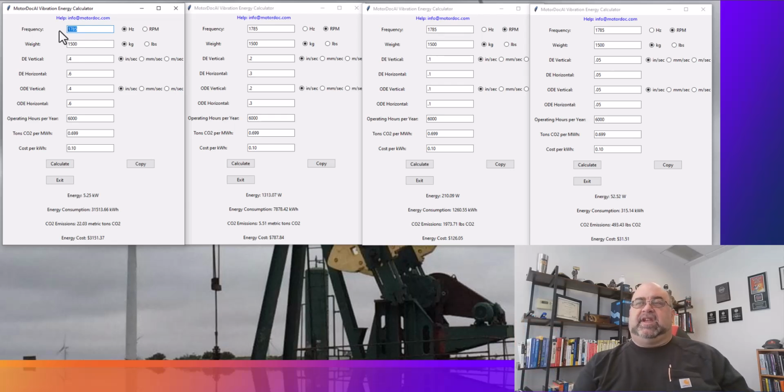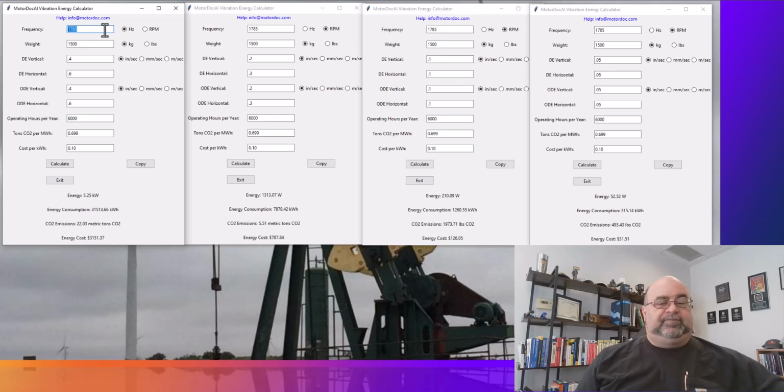So let's say 1785 divided by 60, which gives me hertz, times, let's say, 10.25. It's not that number. I'm just going to come up with something. So we're going to say that's 304 hertz.